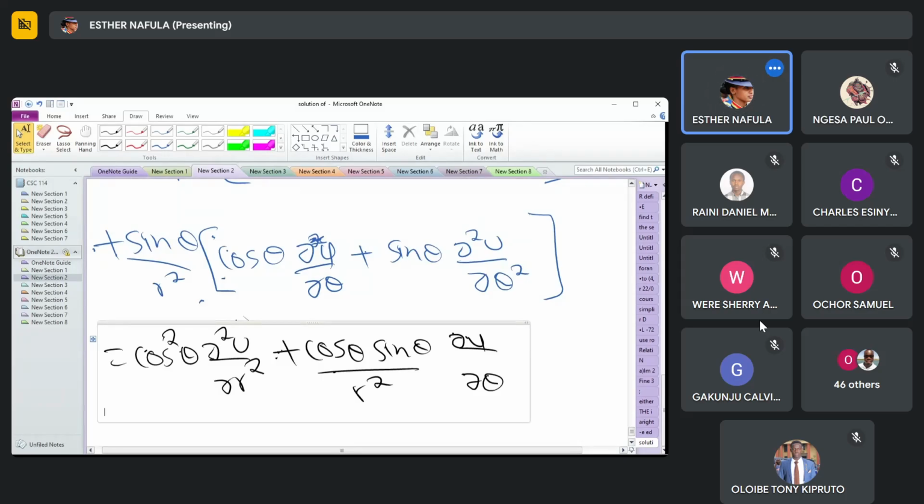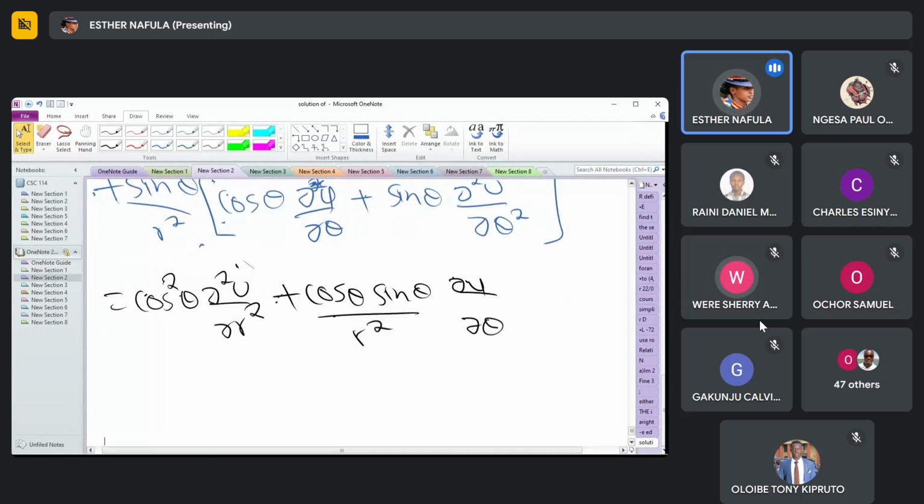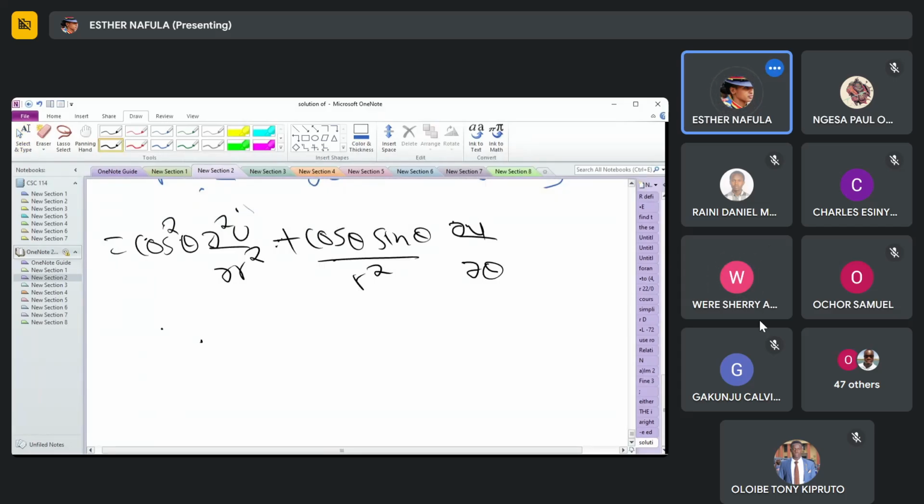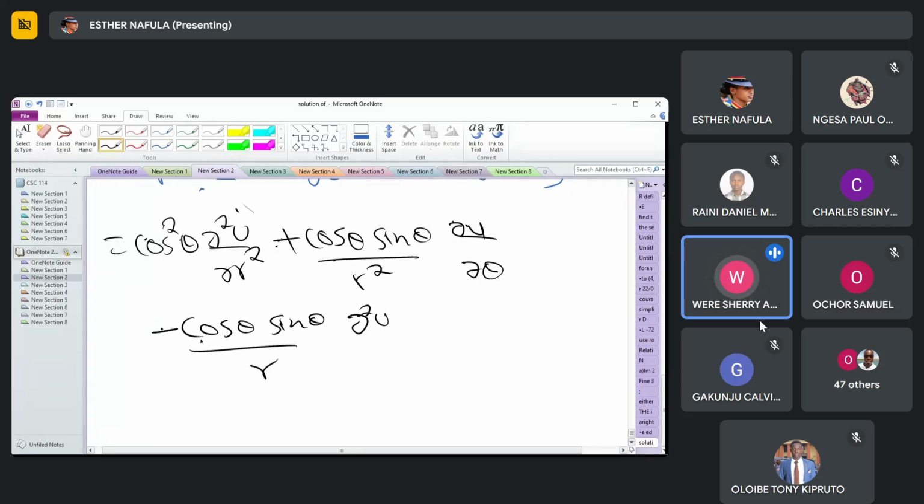Next term, minus cos theta sin theta over r, partial squared u over partial r partial theta.